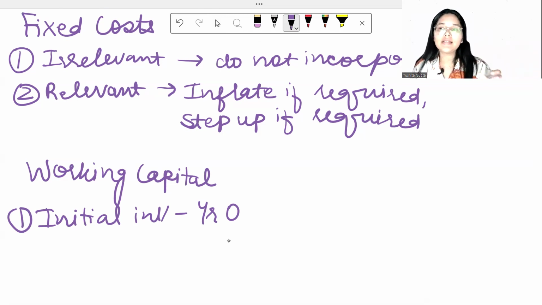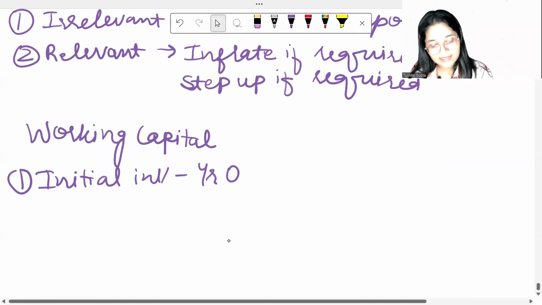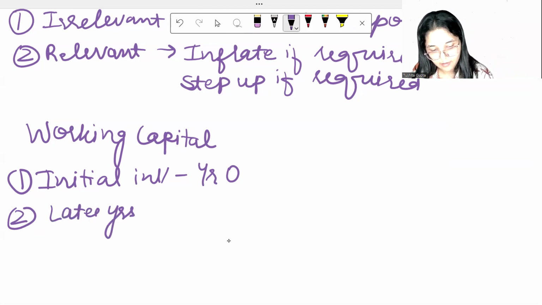So if you want to sell something at the end of the year, right now you have to bring in some money as the working capital to pay your suppliers to buy the raw materials. This is what this assumption is for. If it is not mentioned otherwise in the question, your initial investment in working capital will always go out in year 0. Then the second thing over here is that you will take in the later years only the incremental investment.